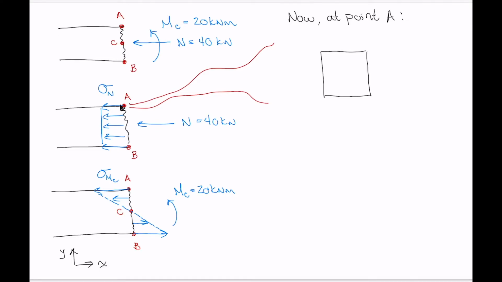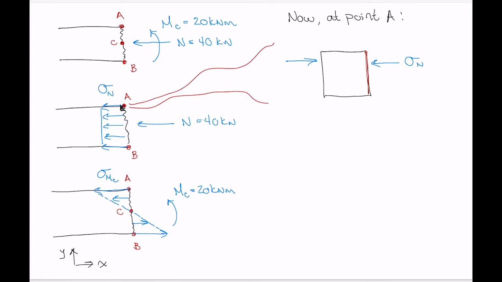Now, the side of the point that's in the section cut here that we've drawn is this side. So that's the side that those internal forces are acting upon, and that's the side that we put the stresses on. So we can see from the internal normal force, we've got a compressive normal stress here, sigma subscript n, and then to keep this in static equilibrium, we need an equal and opposite compressive normal stress on the other side.